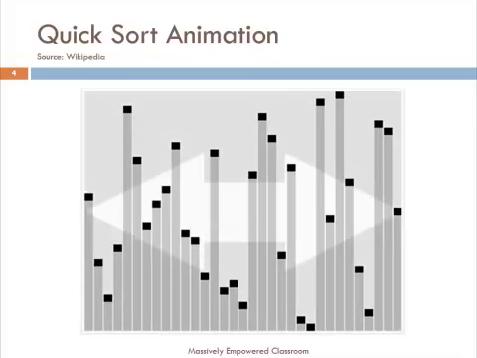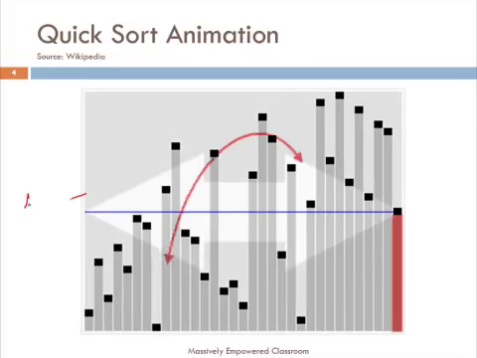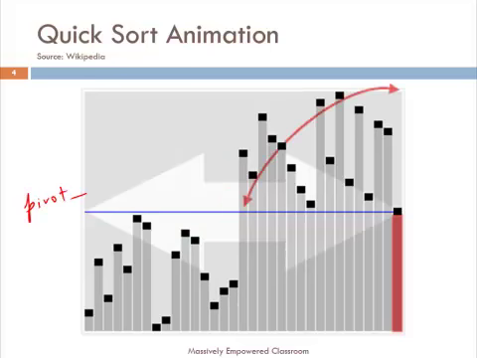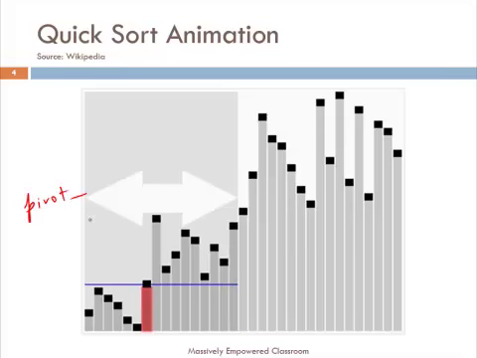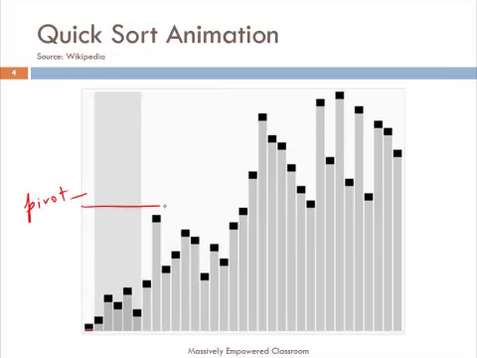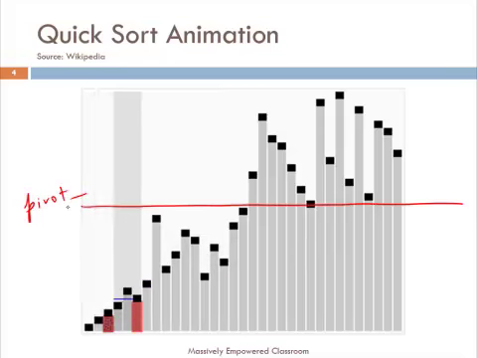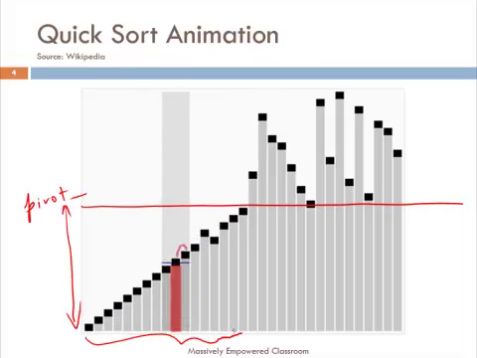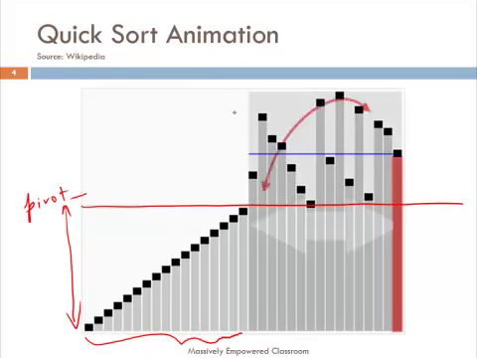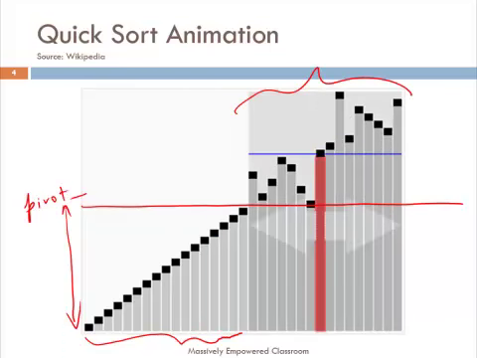So let's now start. It assumes that the first element is what is called the pivot. And then it rearranges the elements so that every data element which was less than the pivot comes to the first partition, and every element which was greater than the pivot goes to the second partition.